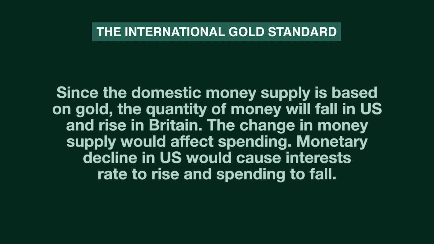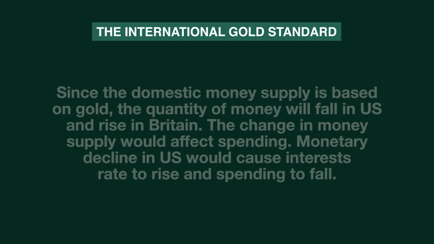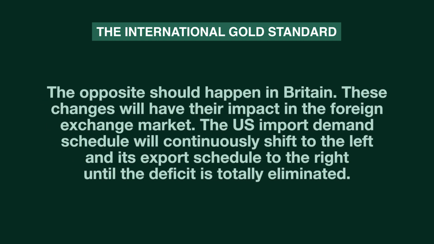Since the domestic money supply is based on gold, the quantity of money will fall in the US and rise in Britain. The change in money supply will affect spending. The monetary decline in the US will cause interest rates in the US to rise and spending to fall. The opposite will happen in Britain.